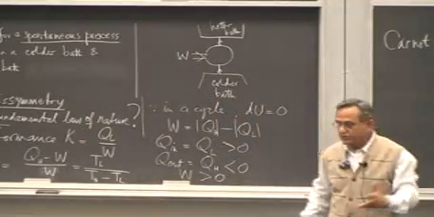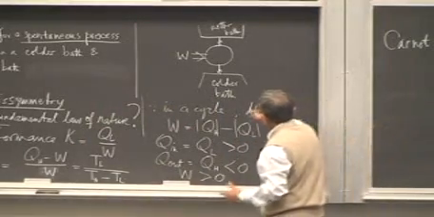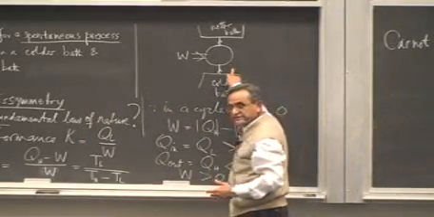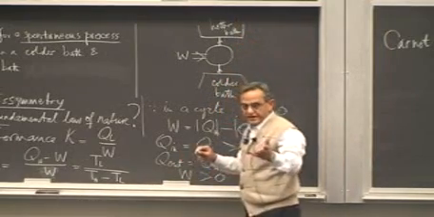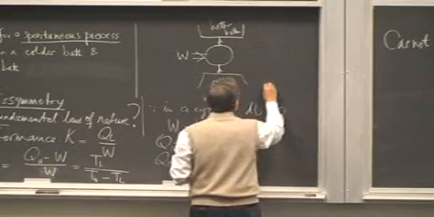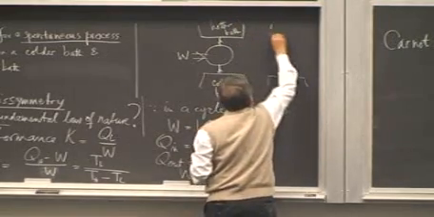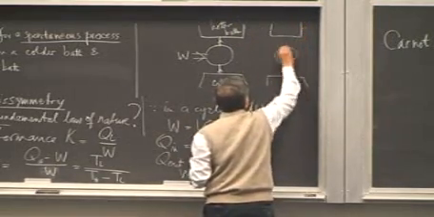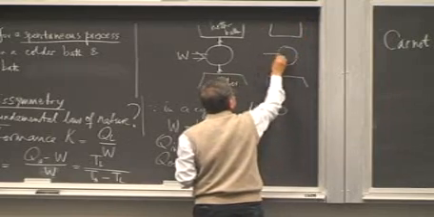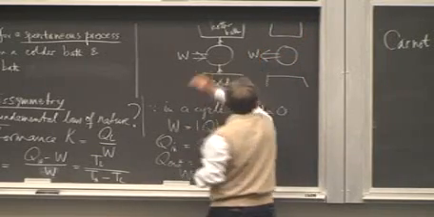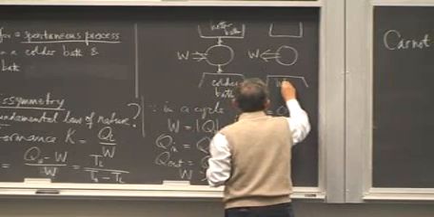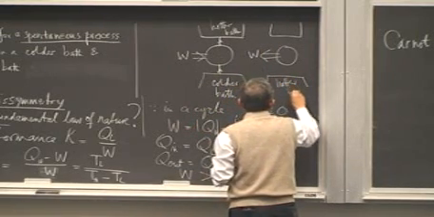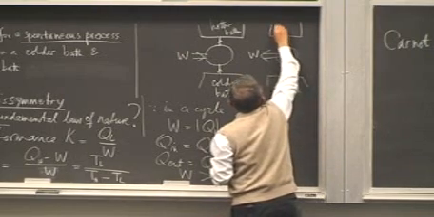You have to see how I wrote this. For the upper one, I have the following diagram that will make you understand. You have a heat bath here and a heat bath here and a system here, and the system performs work. So you have a hotter bath and you have a colder bath.